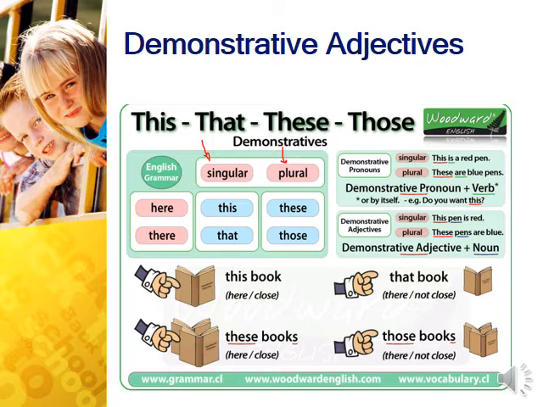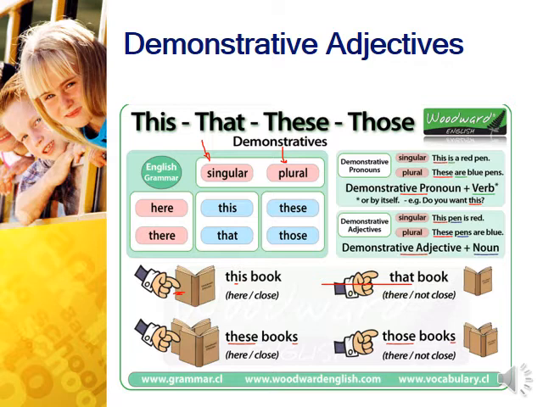There is also a difference. So what is the difference between this and that? This and that are both singular, but this is for something which is near us and we're pointing to it, and that is for something that is there or not close. It's far from us.